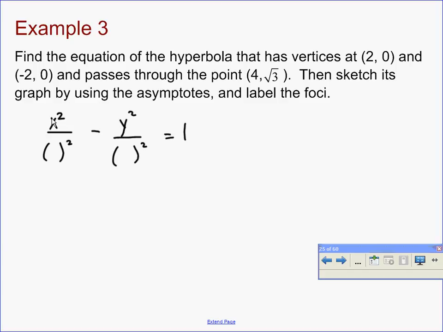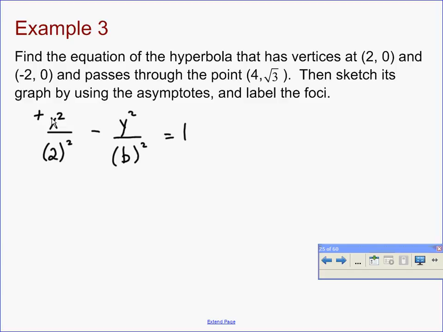Okay, so what we know here is that it has vertices at (2, 0) and (-2, 0), meaning it's going to open left and right here. So if it opens left and right, then the x squared is going to be our positive. And so it also means that this value here is 2.